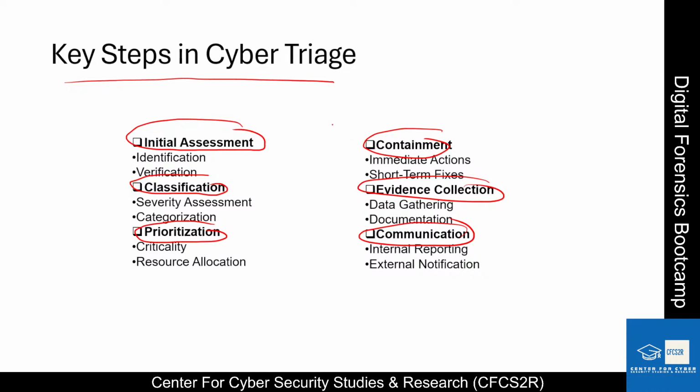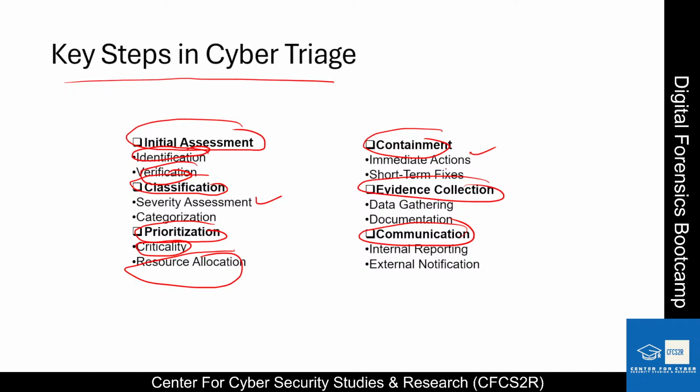Okay, great. So start with initial assessment, meaning identification of the issue, verification, severity assessment, like what is the severity, how much impact it has given. Okay, and then criticality, resource allocation as per the prioritization, then immediate actions that need to be done, like if it is ransomware, then you need to isolate the system from the network.